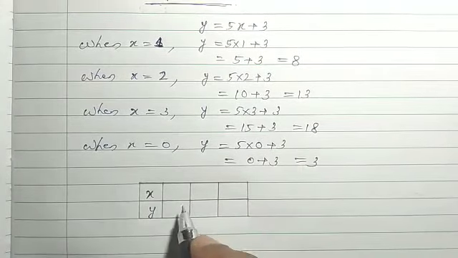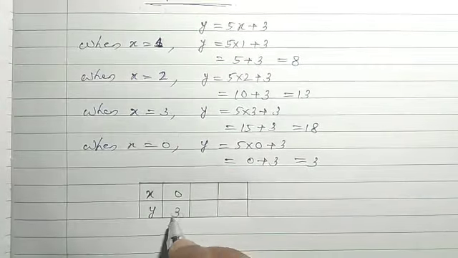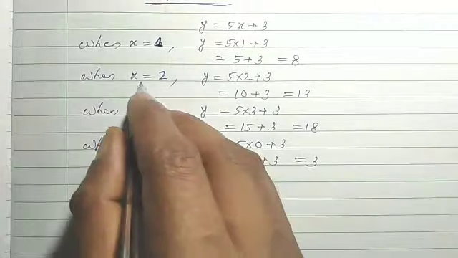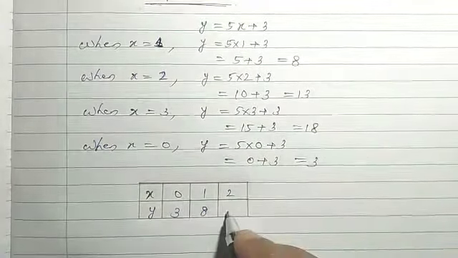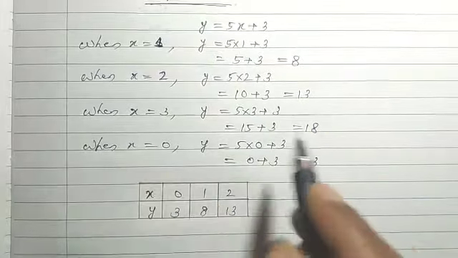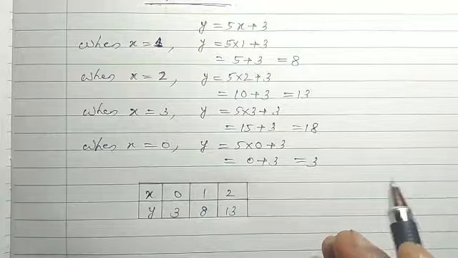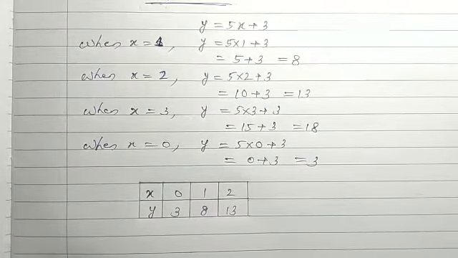Upside it is x, downside y. X is equal to 0, y is equal to 3. X is equal to 1, y is equal to 8. X is equal to 2, y is equal to 13. X is equal to 3 we will not write, because y is equal to 18, and that will be difficult to mark. So that is why we will write only up to 2.